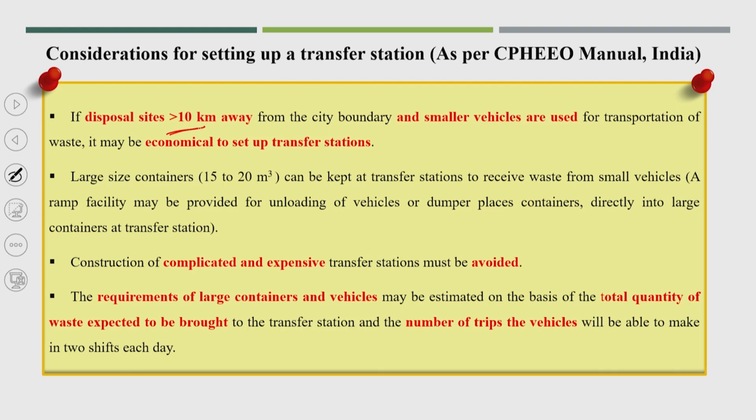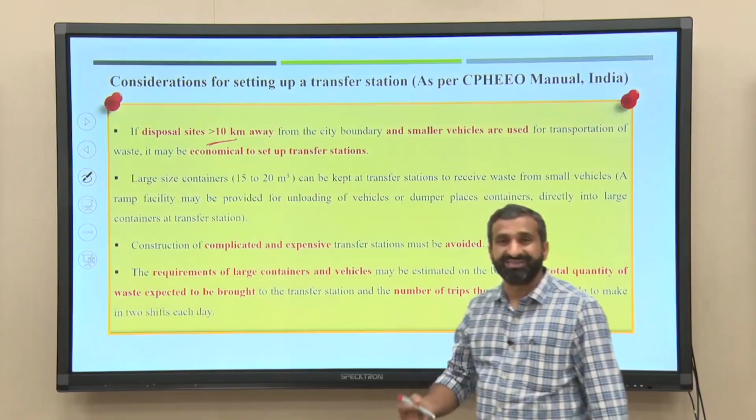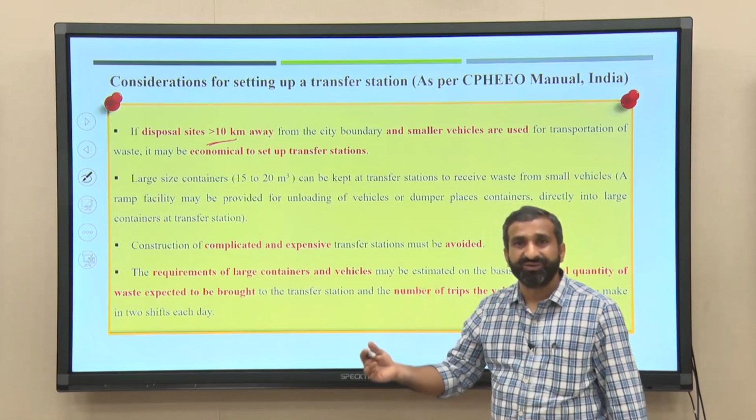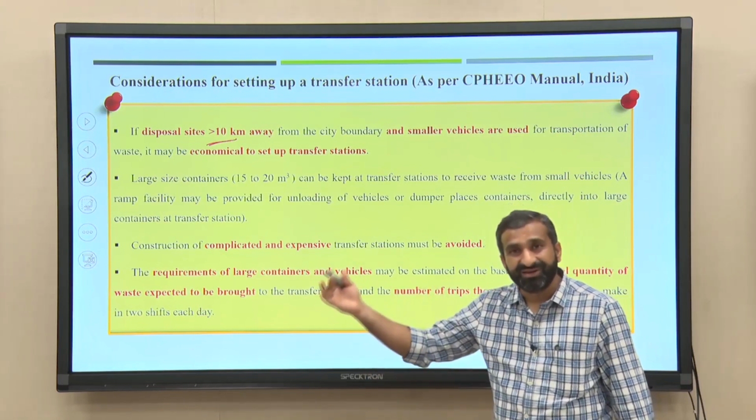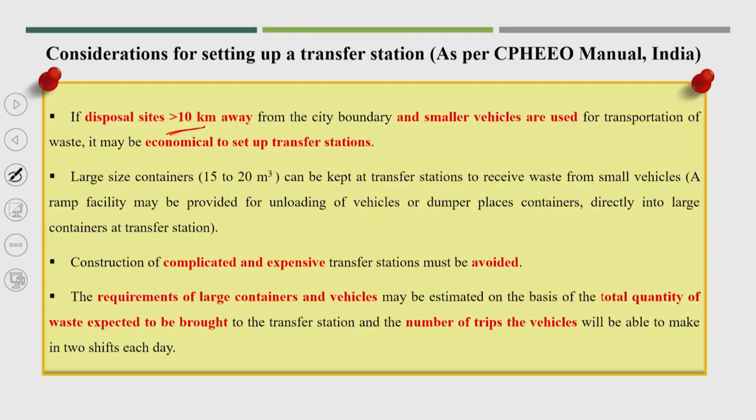In the last 2 lectures I was talking about distances of 20, 30, 40 or 100 kilometers, but what this manual suggests is that if the disposal site is greater than 10 kilometers and smaller vehicles are used for primary collection, it is possible to set up a transfer station economically.